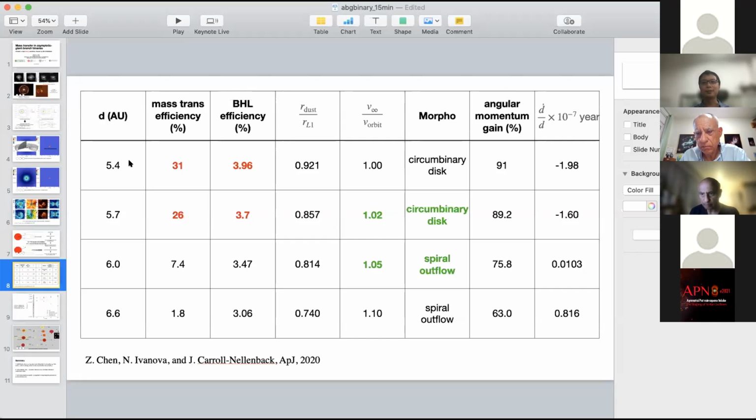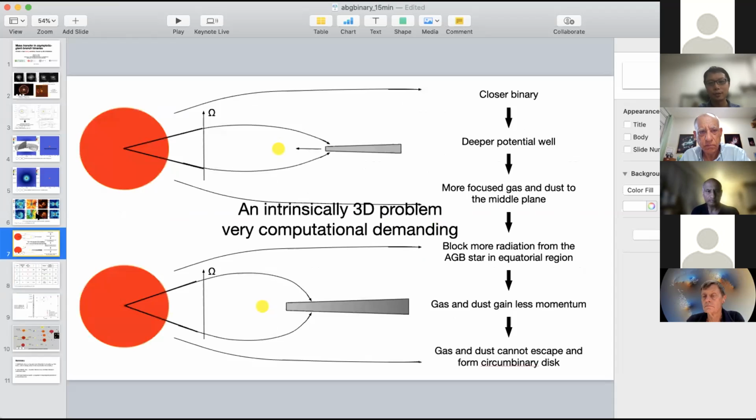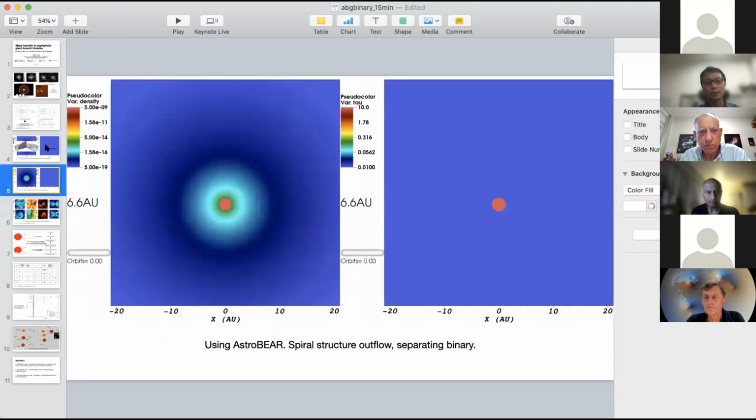Whatever time, you can just divide it by a time and then divide the mass piling rate by another time. It's the same. It's in the paper, and I encourage you to read the paper. The mass transfer rate and mass loss rate are different because of the tidal interaction.